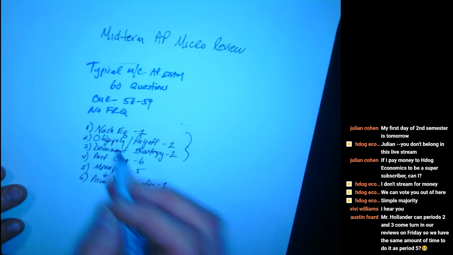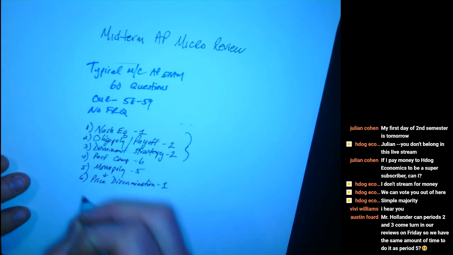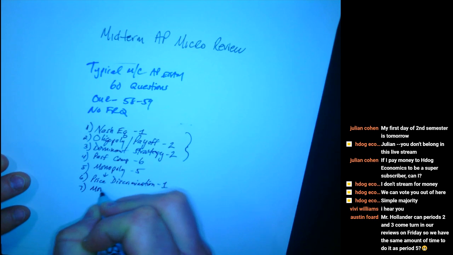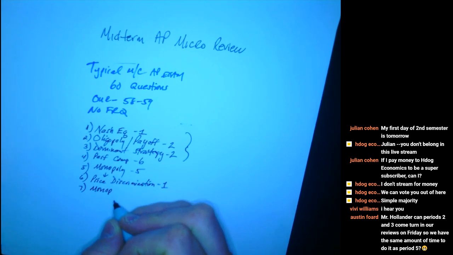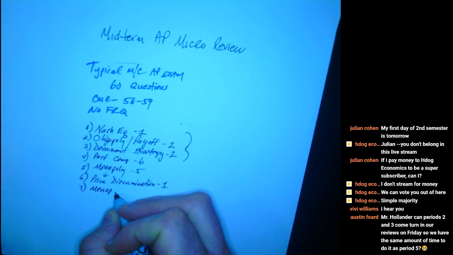We've already talked about Nash equilibrium, dominant strategy, and the oligopolies. Let's go into monopolistic competition, which we didn't really spend a lot of time on. It's combining monopolies and perfect competition, and the graph is similar to a monopoly.